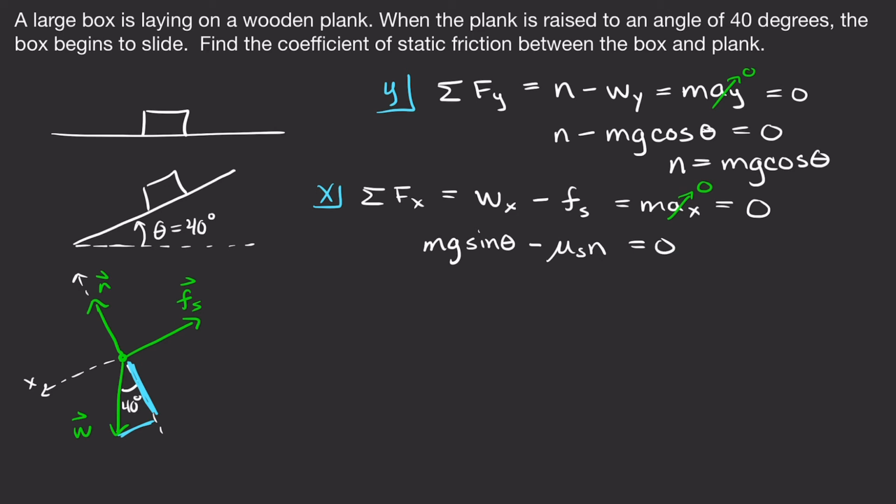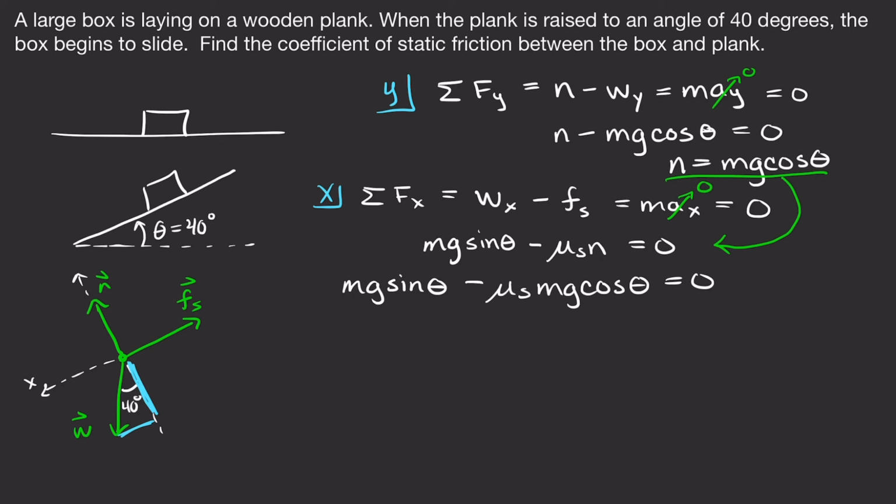And since we found the normal force in our y equation, we can substitute that in here. So we'll get mg sine theta minus mu s times our normal force, which is mg cosine theta, equals 0.